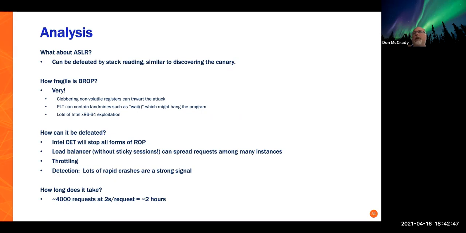The PLT can contain landmines. So we're scanning through the PLT one entry at a time. Well, what if I land on something that blocks, doesn't let me make any further progress? Now I've hung nginx, I'm dead. And as you've seen, there's a lot of stuff I showed you, like that BROP gadget that's very x86-64 specific.